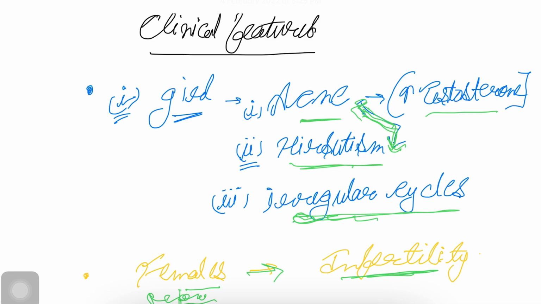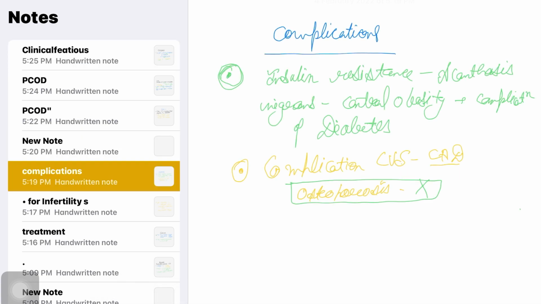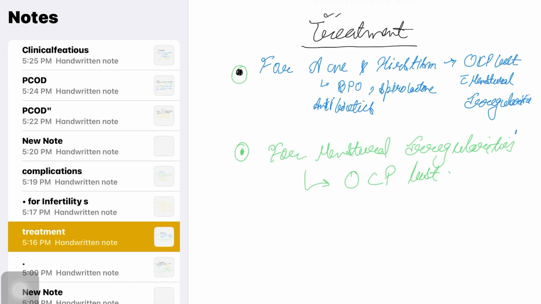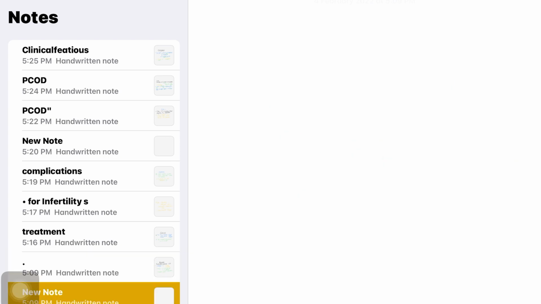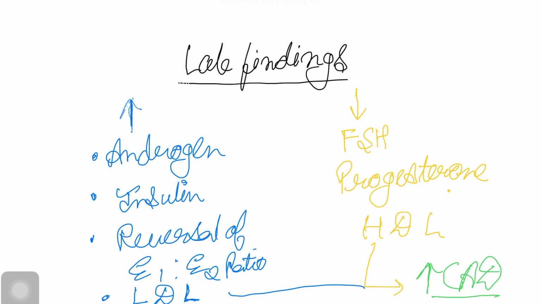Now we will move into the lab diagnosis, meaning which findings are increased and which are decreased in PCOS. So let's study the lab findings of PCOS. There will be an increase in androgen and testosterone.